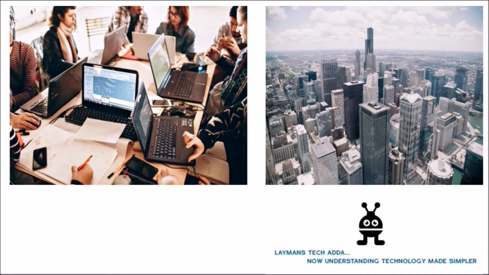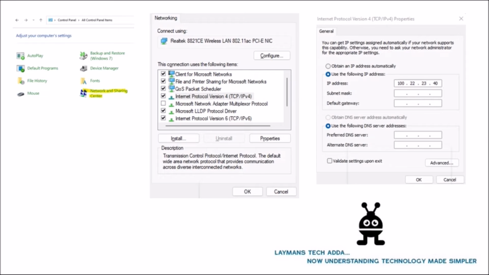So you might have observed in the earlier screenshot on how to assign IPs manually. There you might have seen that while assigning IPs, you also have to configure default gateway and DNS, like you can see in this screenshot.